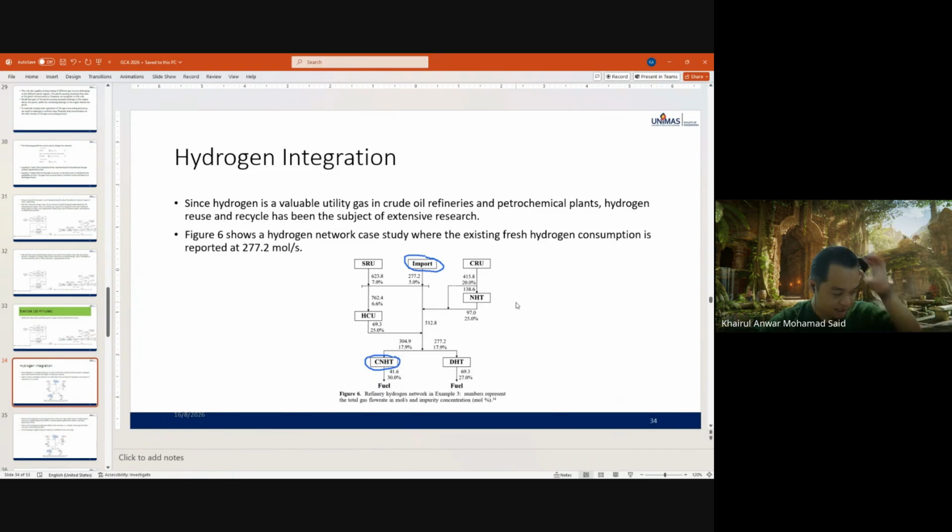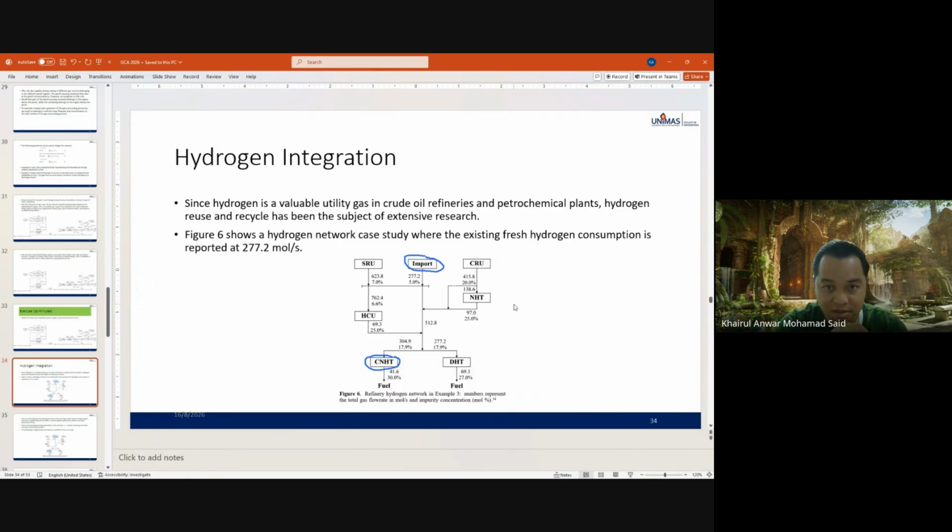The hydrogen integration. This is example 3. Since hydrogen is a valuable utility gas in crude oil refineries and petrochemical plants, hydrogen reuse and recycle has been the subject of extensive research.